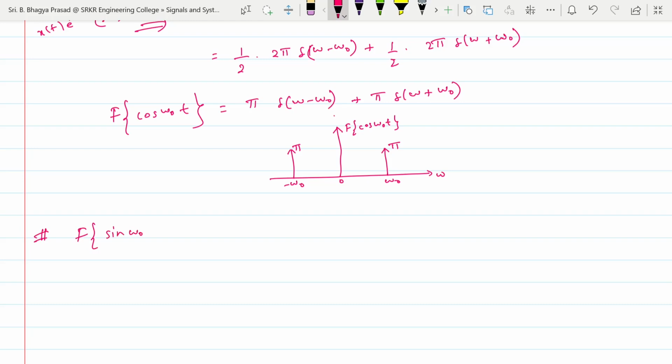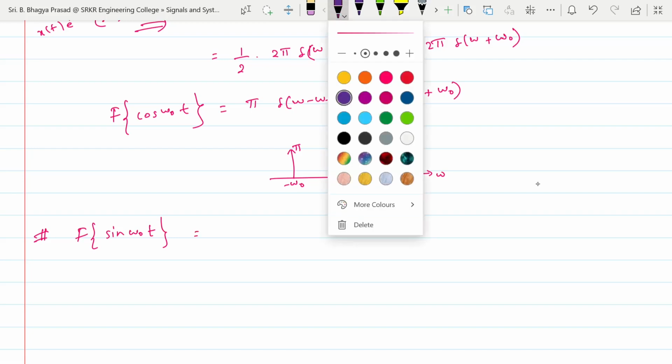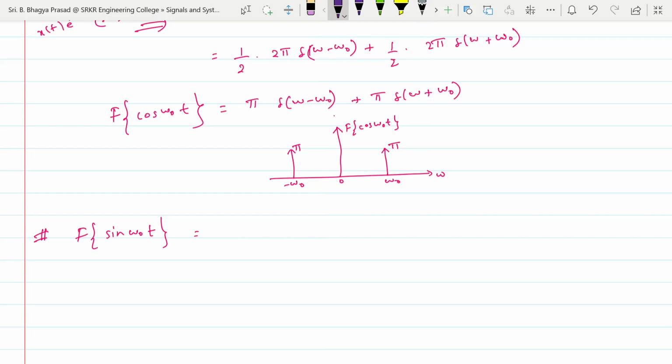Similarly, you can solve the Fourier transform of sine omega naught t. For this one, you split the sine into exponentials, same as cos: the Fourier transform of e power j omega naught t by 2j minus the Fourier transform of e power minus j omega naught t by 2j.